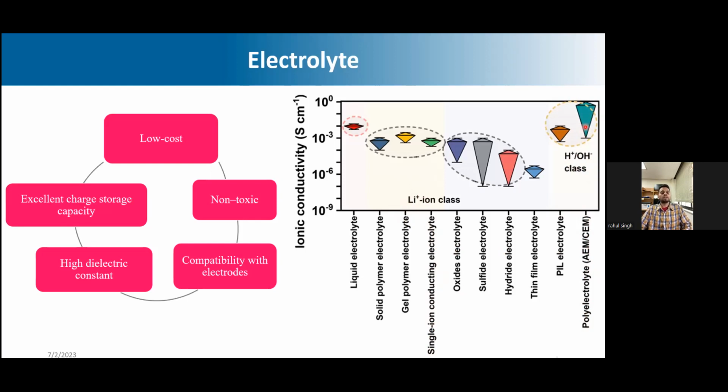This is due to the hydrated state, because most of the polyelectrolyte which has been used in fuel cells, redox flow batteries, or electrodialysis systems is in a hydrated state. So on one platform it looks like they have very high ionic conductivity, but if we talk about room temperature, they will show relatively low.